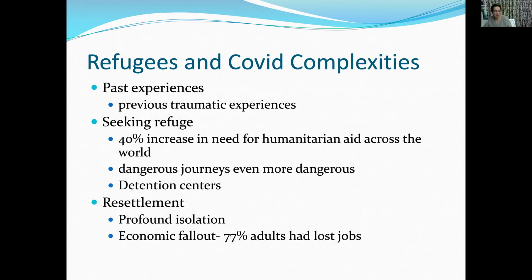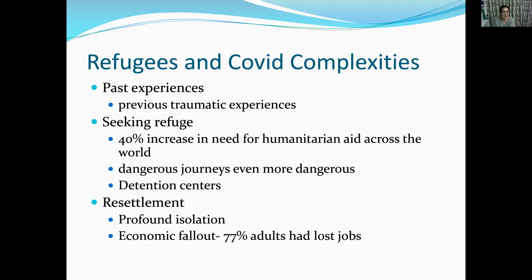Thinking about some of the more modern difficulties, COVID complicates everything around the refugee presentation. It can make past traumatic experiences even more acute, with that feeling of isolation, that feeling of abandonment. There's been a 40% increase in the need for humanitarian aid across the world in 2020, which was the peak of the beginning of the COVID crisis.